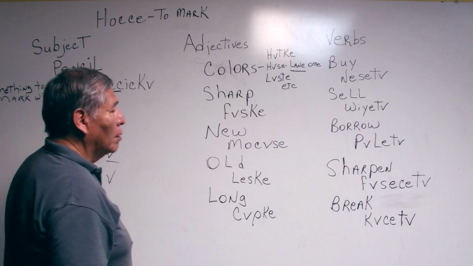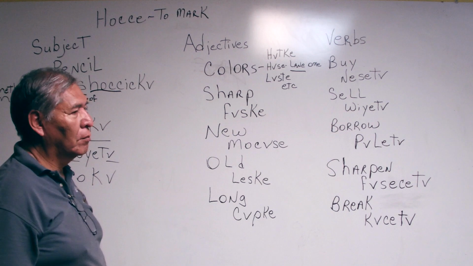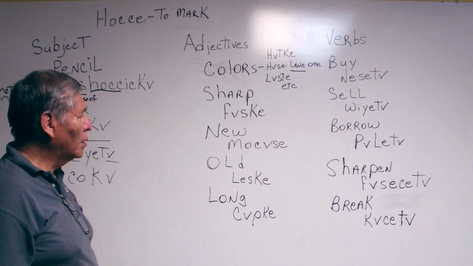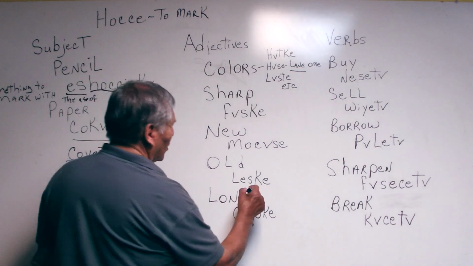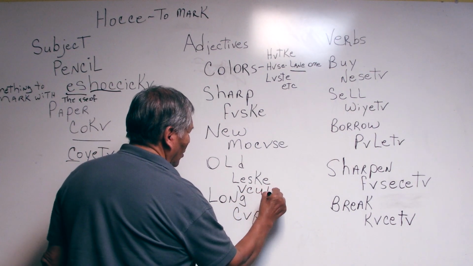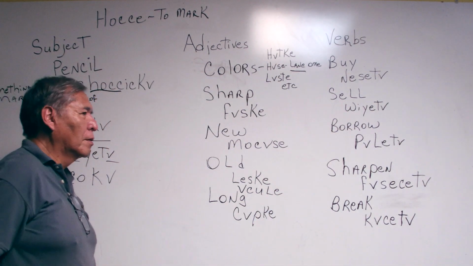Or you can say Azuli. Eshoccickv Azuli means an old pencil that you've had a long time. Eshoccickv Lishki means it's kind of ragged, something that's deteriorated.